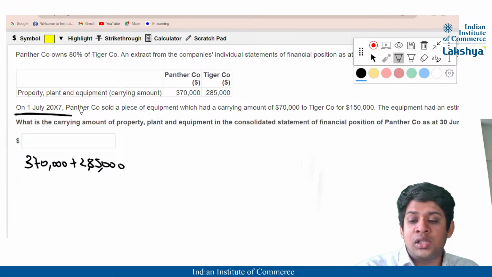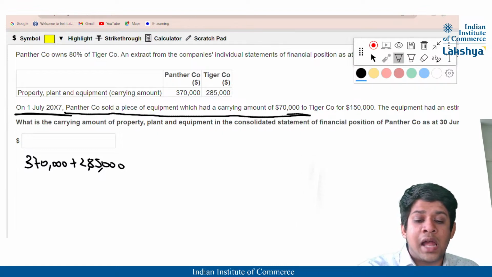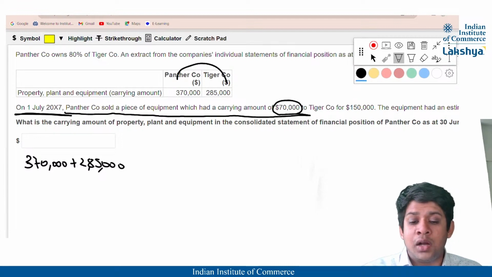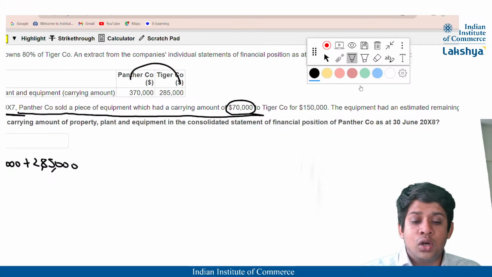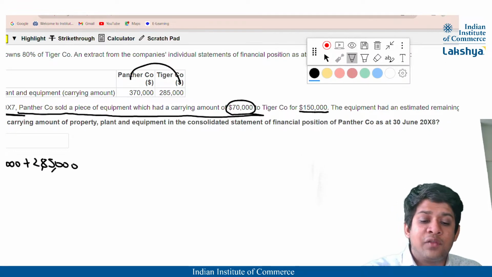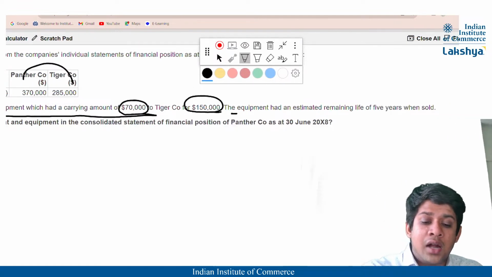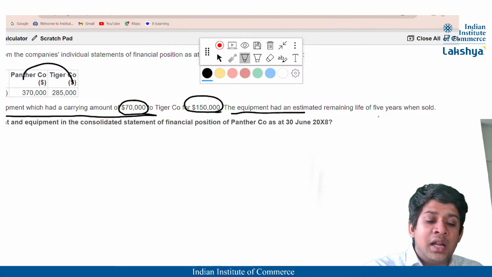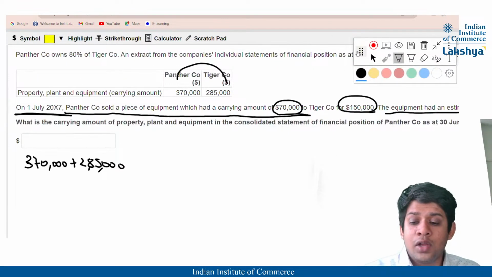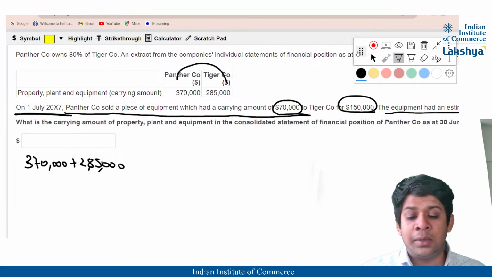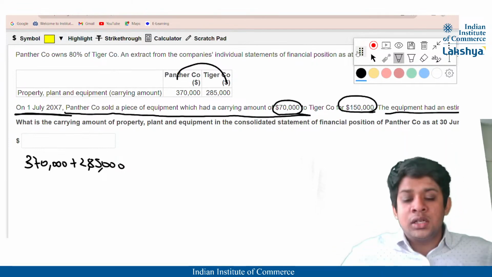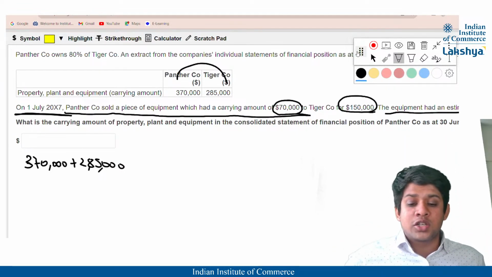On 1st July 2017, Panther Company sold a piece of equipment with a carrying amount of $70,000 to Tiger Company. And they sold it for $1,50,000. The equipment had an estimated remaining life of 5 years when it was sold. So what is the carrying amount of the property, plant and equipment in the consolidated statement of financial position?